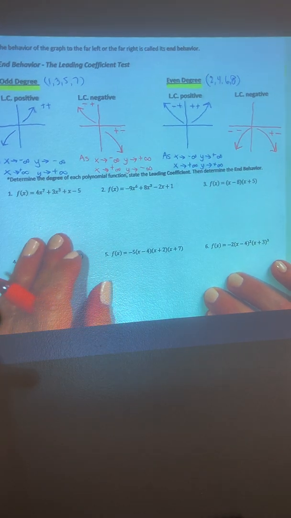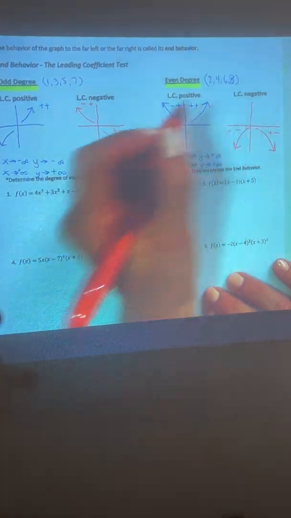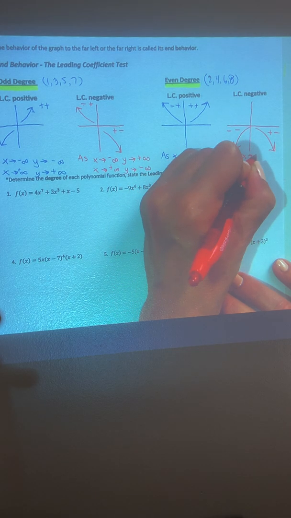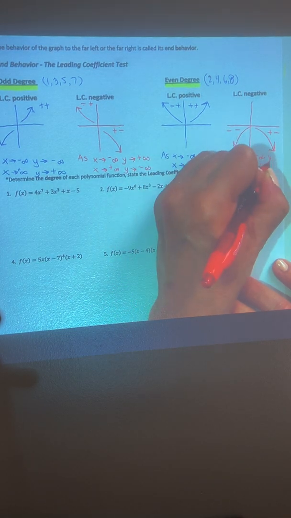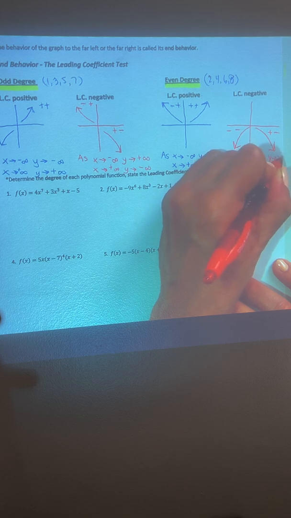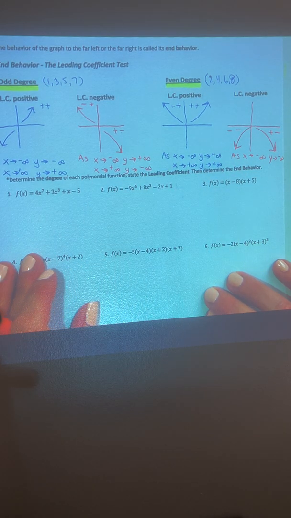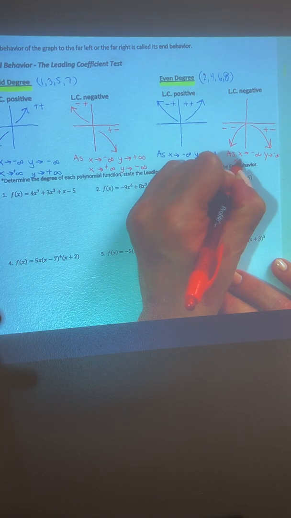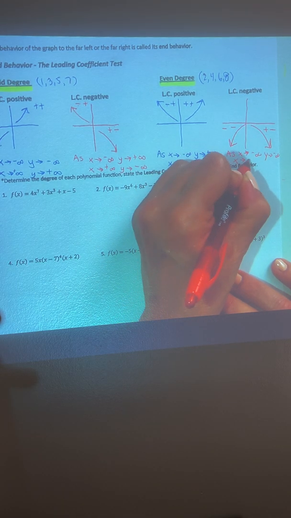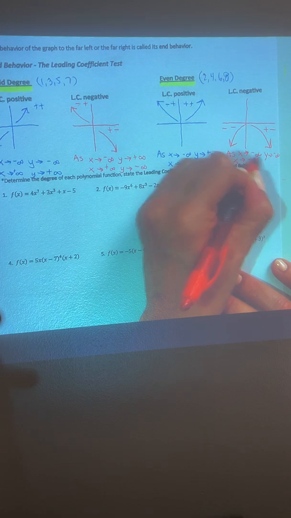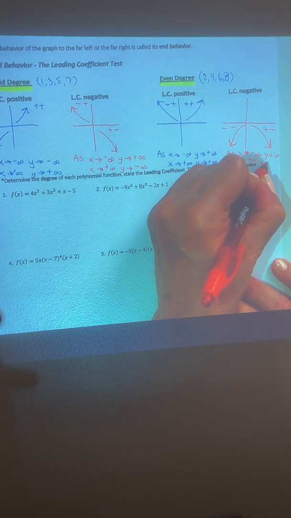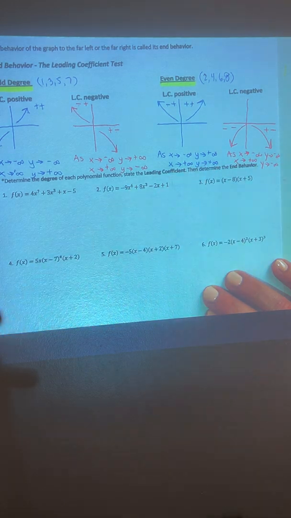Can we see that? Okay. So as x approaches negative infinity, y approaches negative infinity. And then as x approaches positive infinity, y approaches negative infinity.